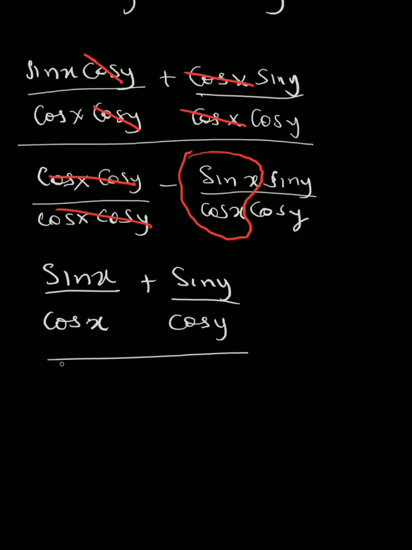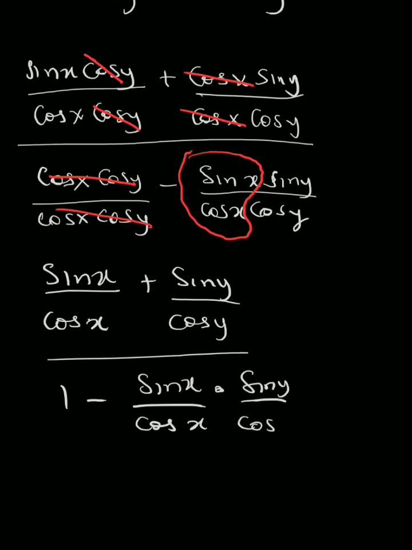This is divided by 1 minus sin x over cos x multiplying with sin y over cos y.